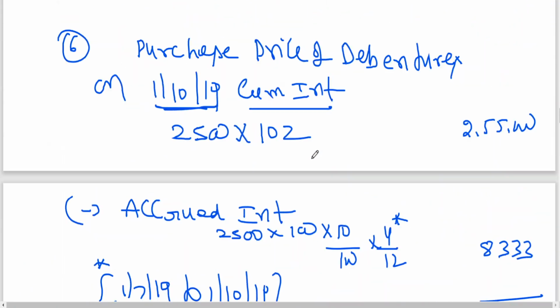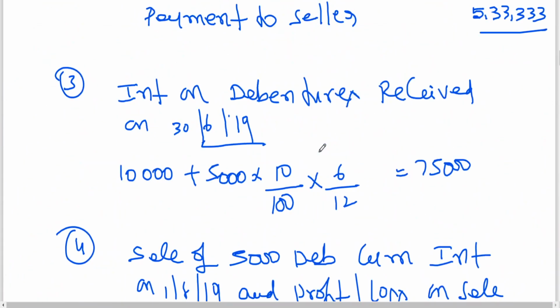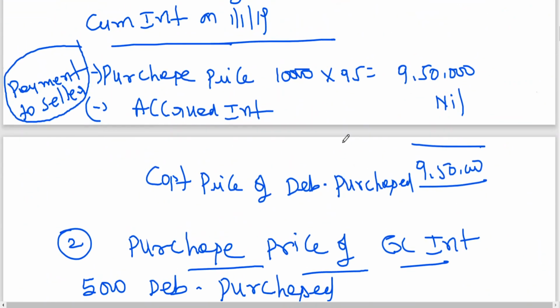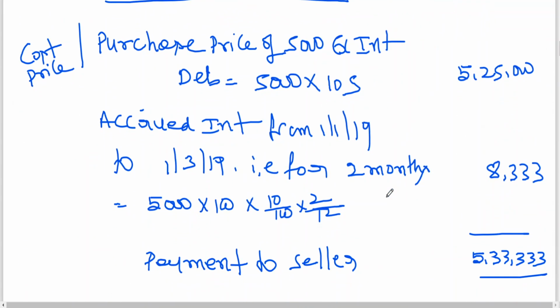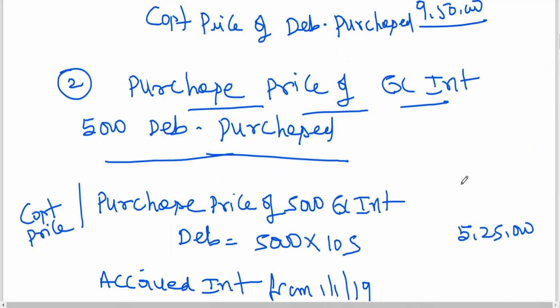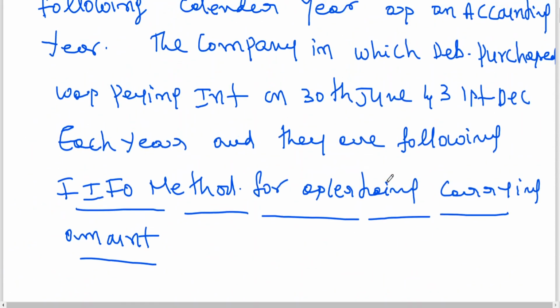Okay, then go back. Second working note, let us see. Purchase price of X interest. Now this is cost price, is to be taken to cost column. This is to be taken to accrued interest column. What is the date on which you have purchased?